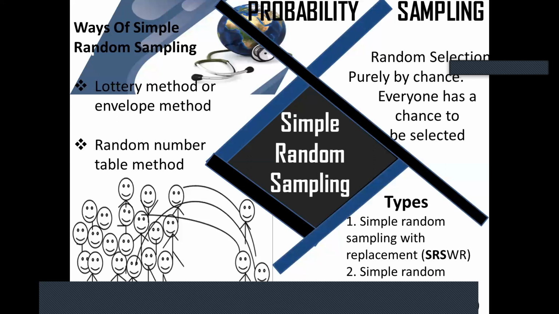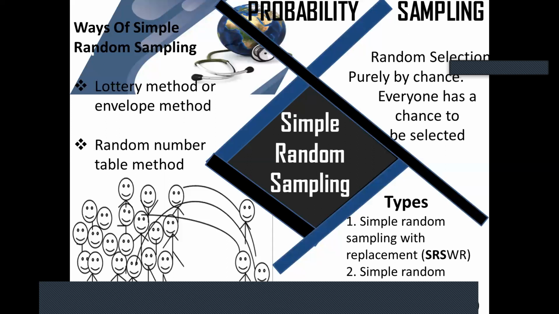So for a simple random sampling technique, which is a probability sampling technique, participants are randomly selected, and this is purely based on chance, and everyone has a chance to be selected in this study. So we have ways on how we do random sampling. It can either be lottery method or random number method.